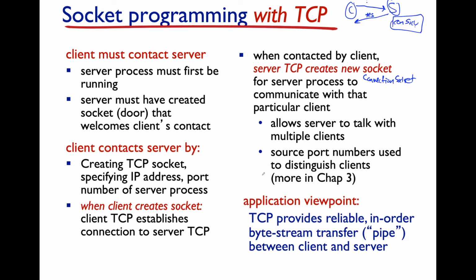And so you need the source port number and the destination port number, as well as the source IP address and the destination IP address, to note unique endpoints in a communication between a source and a destination endpoint.